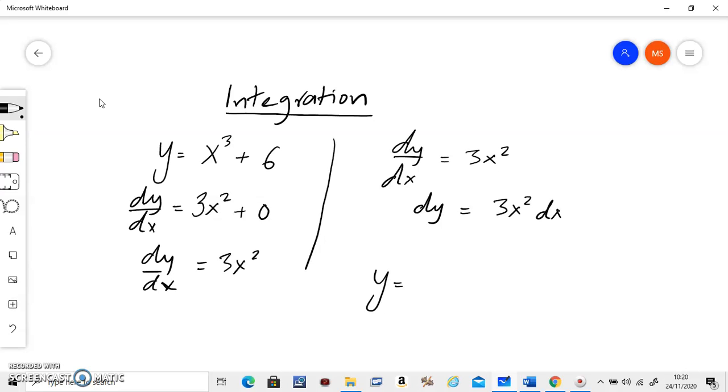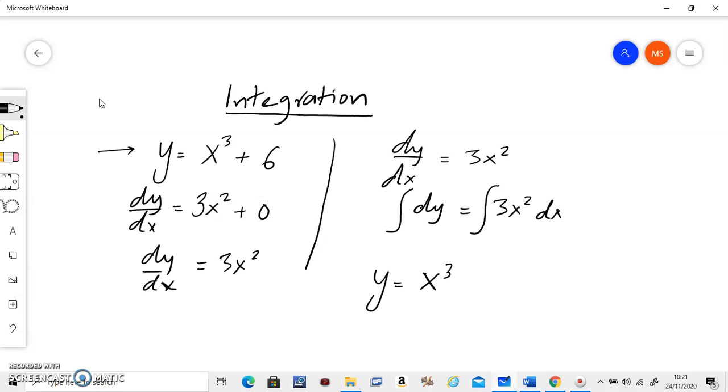The sign for integration is called the integral, which looks like this. This is the sign of the integral. Then using a set of formulas, we get y equals, we'll see what they are in examples, x cubed. Now if you look at y here and y here, we see that the 6 is missing.